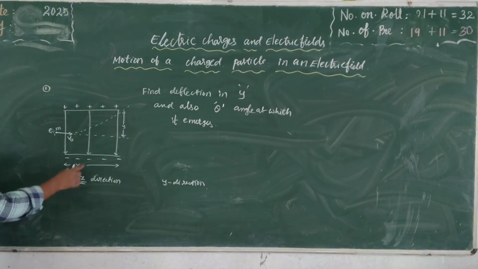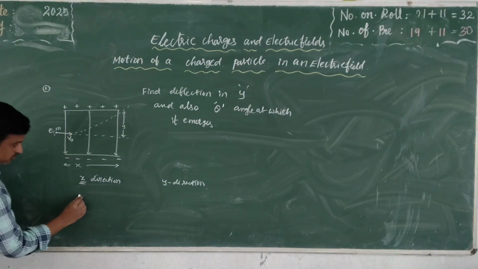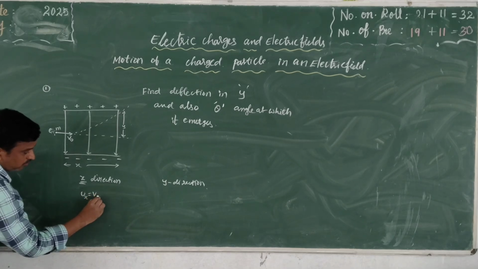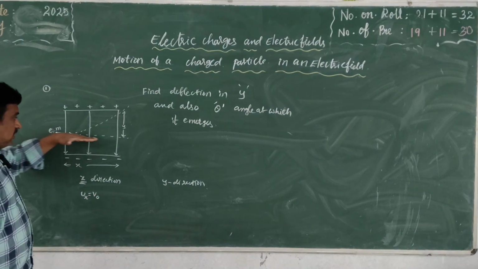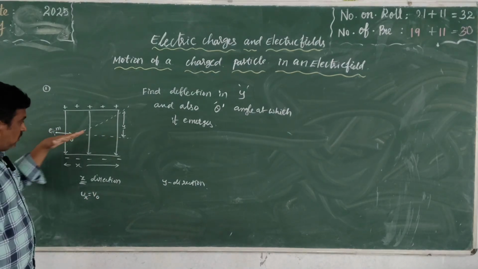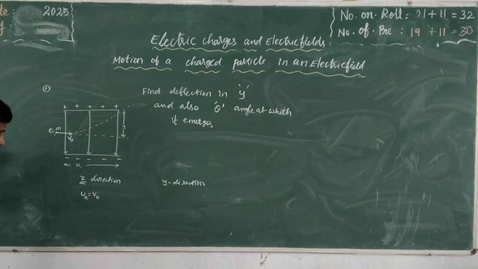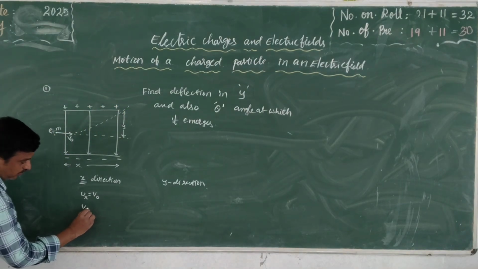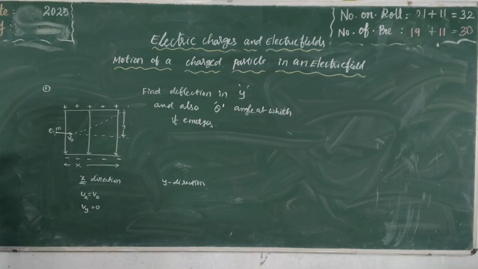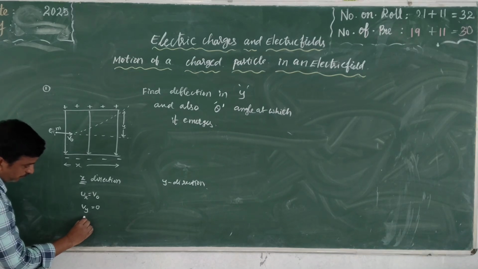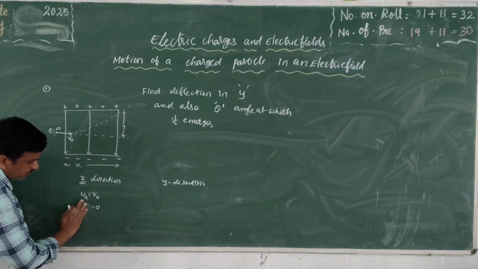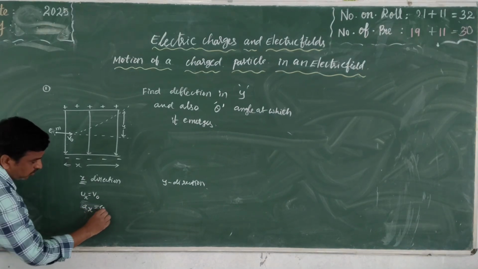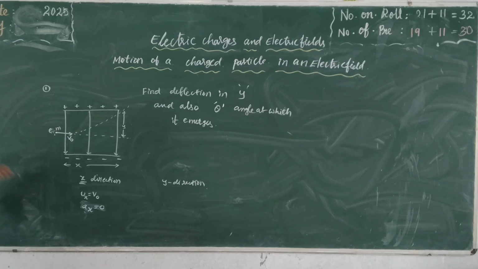See, along the x axis, the initial velocity ux is v naught. The final velocity, no, vy equal to 0. The acceleration along the x axis is 0, yes.